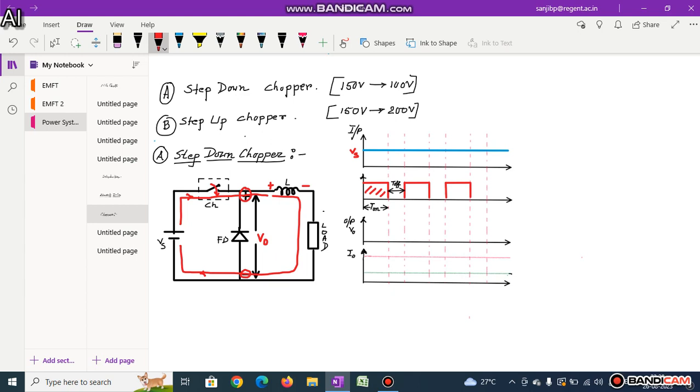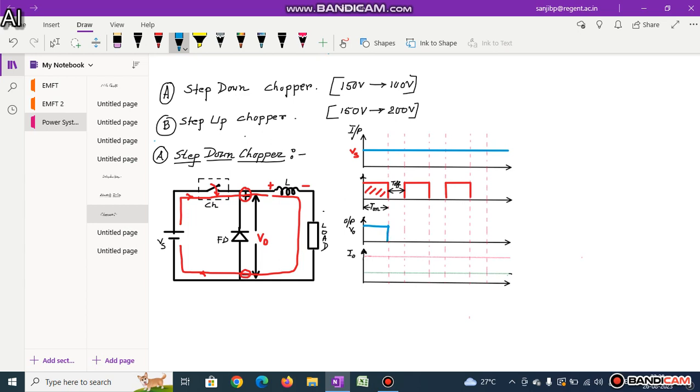Why? Because in the switch on period, the current flows through this path. As the current flows, there will be voltage across the inductor and across the load, and that will be the total voltage V0. So we can draw the curve for the T on period, and this is the voltage you get.